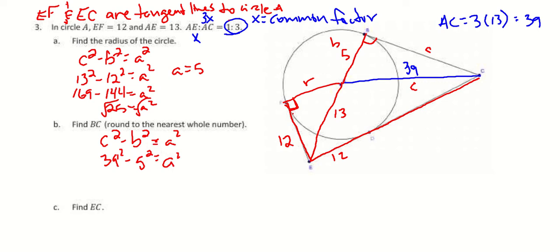And I would just do 39 squared minus 5 squared on my calculator here. 39 squared is 1,521 for those of you who would like to know. But this comes out to be 1,496 is equal to A squared.